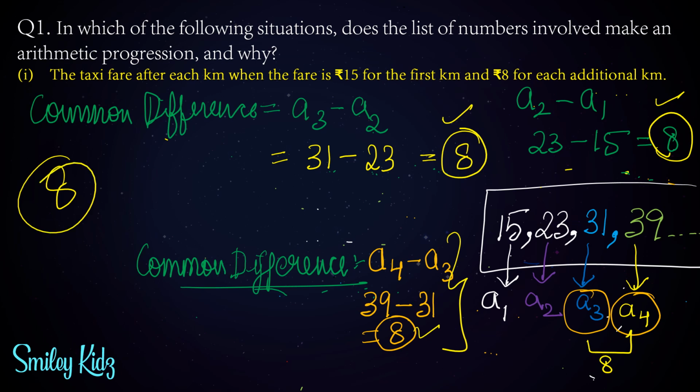And if the common difference is the same across all the numbers, then the given list of numbers makes an arithmetic progression or AP. Therefore, this set of numbers, that is 15, 23, 31 and 39, together form an AP.